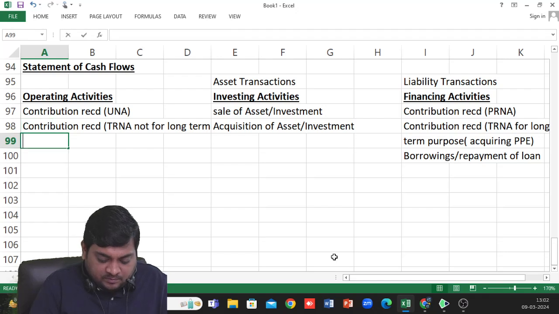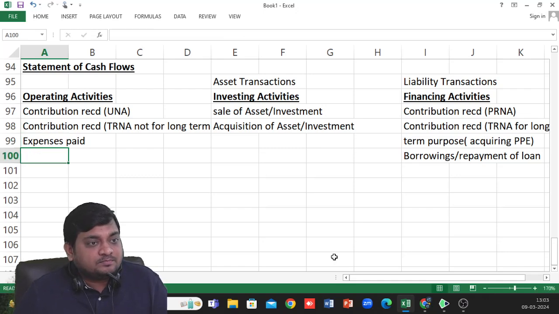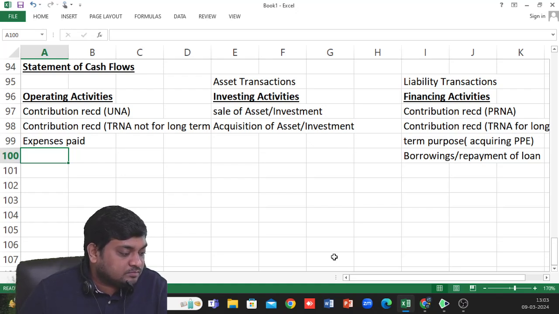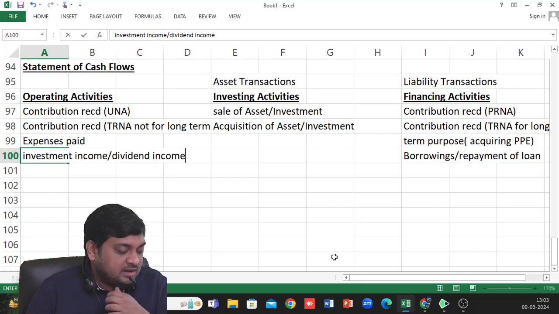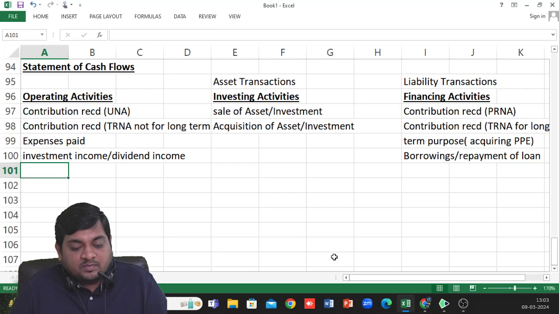Expenses paid is also operating. Investment income, dividend income, clear?